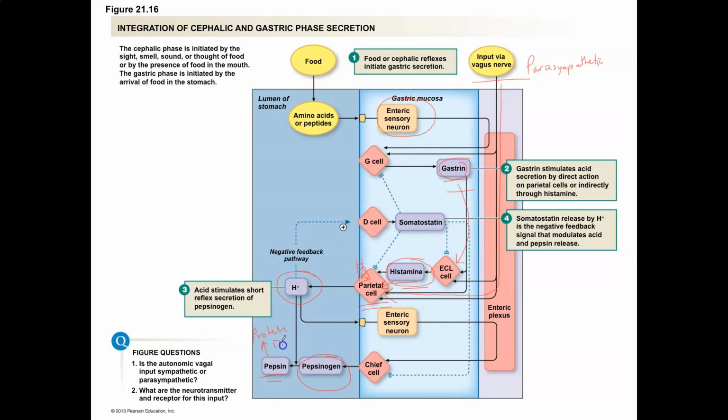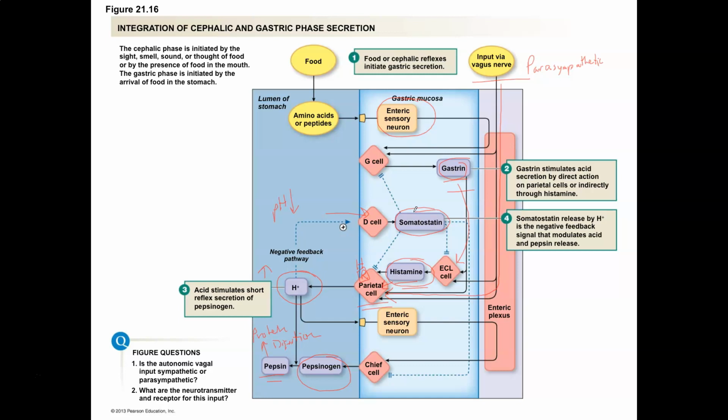If you want to slow this process down, there needs to be an inhibitory pathway. So as acid production increases, as there's an increase in hydrogen ions, and so the pH is getting lower and lower, as the pH drops, you're going to see the activation of D cells, and D cells produce somatostatin, and somatostatin is inhibitory.